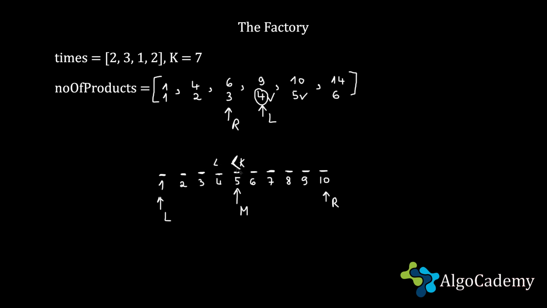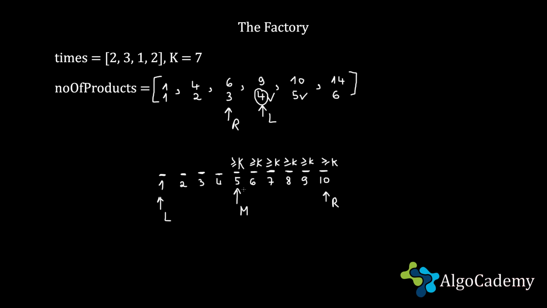Awesome. Now, in the second scenario, the value on the middle is greater than or equal to k. One thing that I know is that because the function is increasing, everything on its right is also greater than or equal to k. So what do I know? Every amount of time greater than or equal to 5 is going to be valid, but obviously I only care about the minimum one.